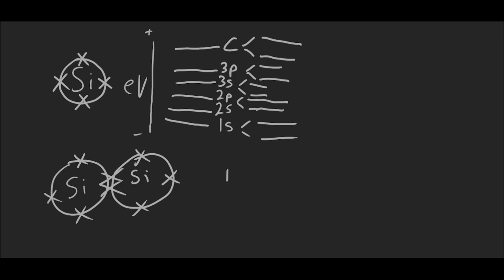So let's say we have 10 to the power of 18 atoms per cubic centimeter. So that's a number of electrons so dense that we get what is called energy bands. So in terms of energy band diagram, what we're really interested in is the conduction band and the valence band.